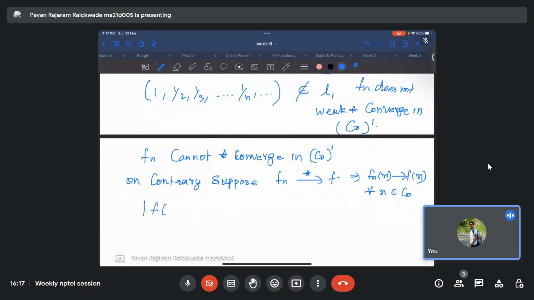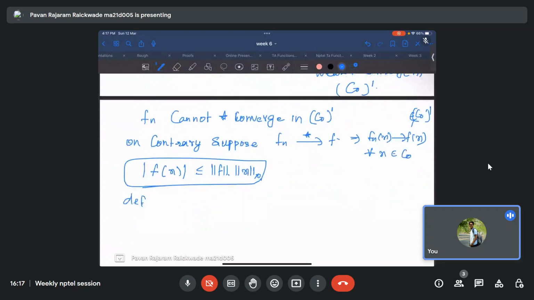And what is the property of f? Modulus of fx should be less than or equal to norm f into norm x, if f belongs to C naught dash, right? So define a new element x, I call this element xm, as xm(i) is 1 for 1 less equal i less equal m, and then 0.